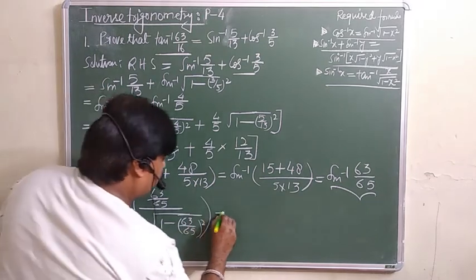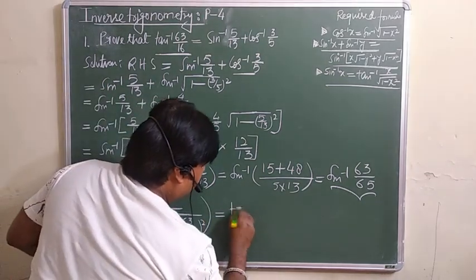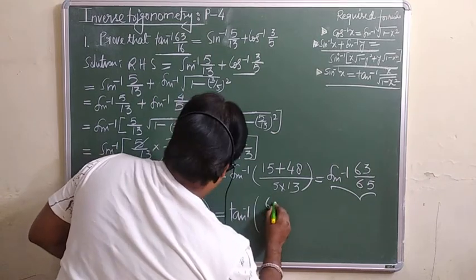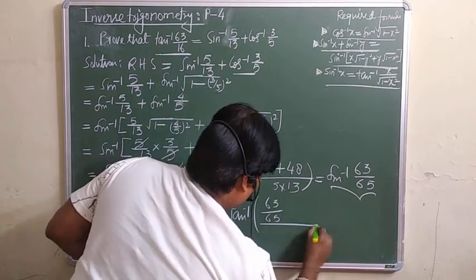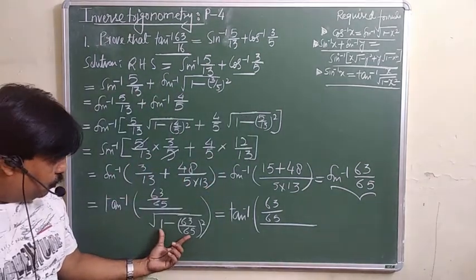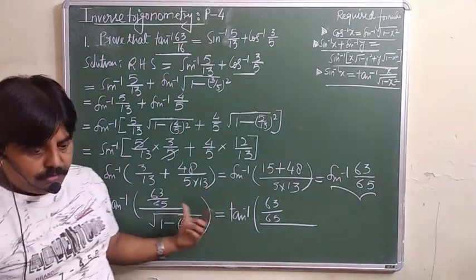So this is equal to tan inverse of 63 over 65 whole over, and you are supposed to solve this.